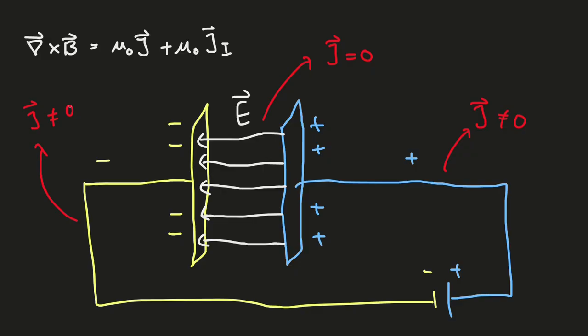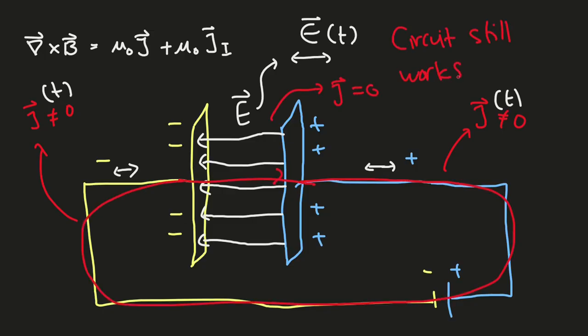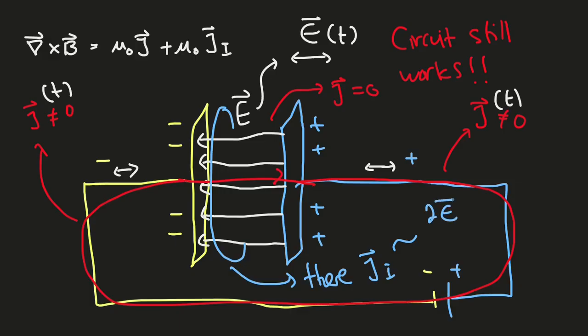If we have alternating current, or current dependent on time, then the electric field is time dependent. But even if it is time dependent, J is still 0 inside the capacitor, yet the circuit still works. So we need to fix this with J capital I proportional to the first partial derivative of the electric field with respect to time.